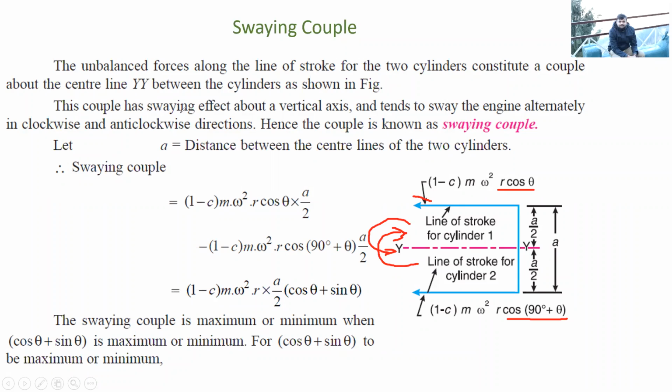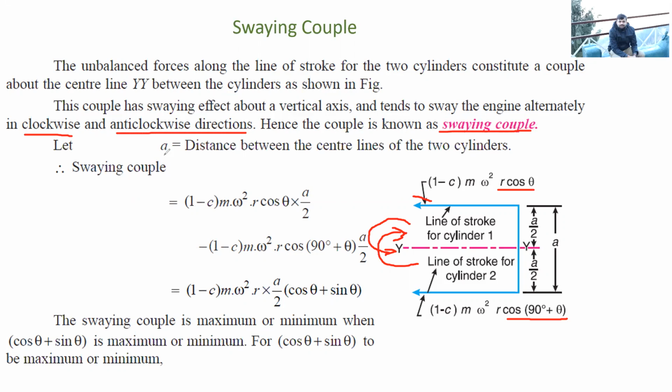Now this couple has a swaying effect about the vertical axis. So about this vertical axis, the engine will try to sway from its line of motion. One will be clockwise and another will be anti-clockwise. Hence, this couple is known as the swaying couple.